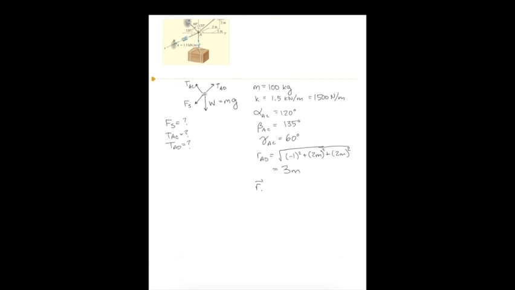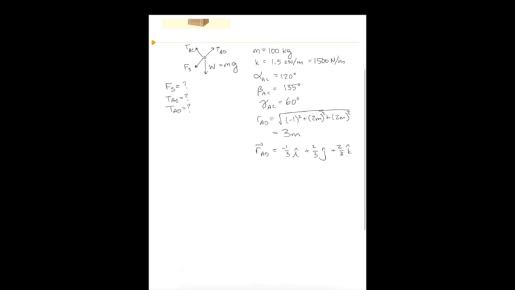And so the directional vector in the chord AD is equal to negative 1 over 3 in the i or x direction, 2 over 3 in the positive y direction, and 2 over 3 in the positive z direction.